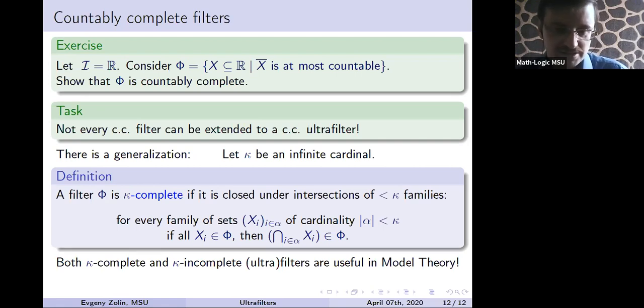And in some cases, you need countably incomplete filters. In the following lectures, we will see one of the usages of countably incomplete filters. Okay, so this is the end of this lecture, and we can discuss some questions.